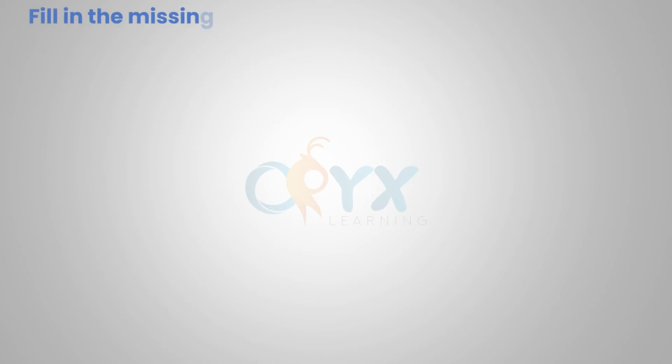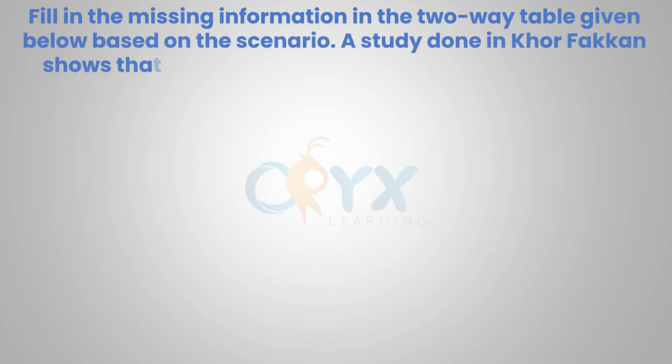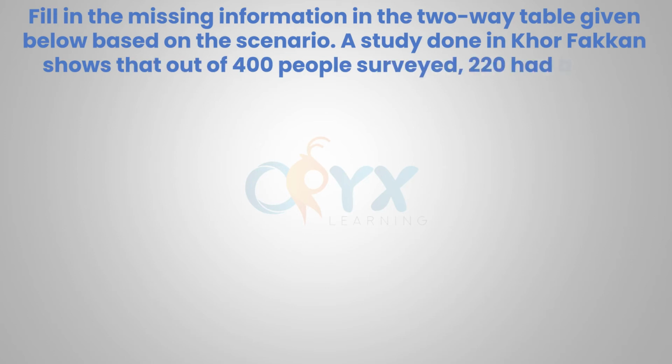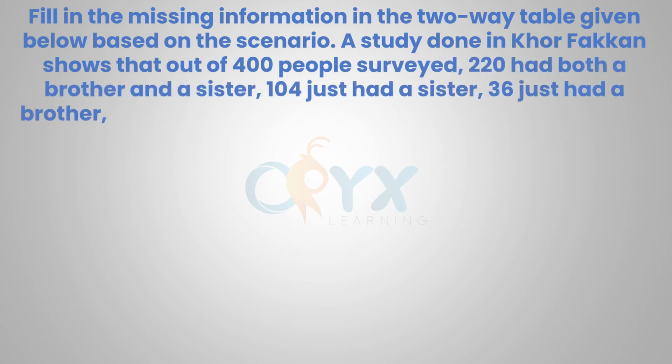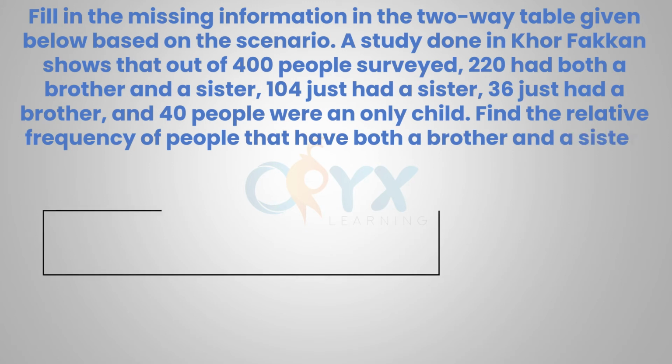Fill in the missing information in the two-way table given below based on the scenario. A study done in Corfacan shows that out of 400 people surveyed, 220 had both a brother and a sister, 104 just had a sister, 36 just had a brother, and 40 people were an only child.